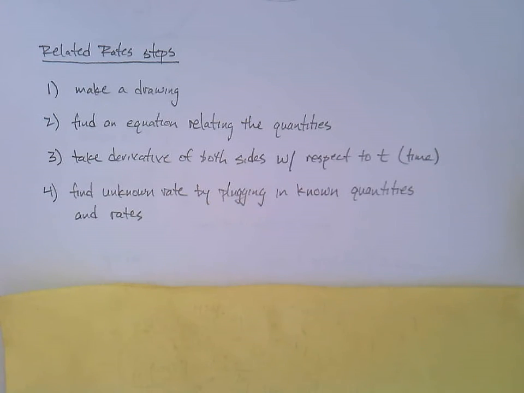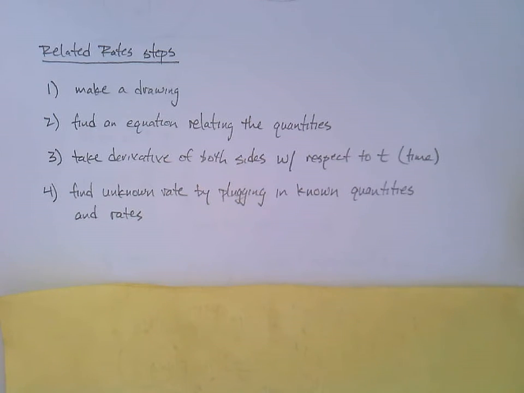Okay, number three, once you have your equation relating your quantities, then you take the derivative of both sides with respect to t. We use t because it represents time. Things are changing in time. So you'll take your derivative of both sides there, your implicit derivatives. And then number four, find the unknown rate, identify what they're asking for.